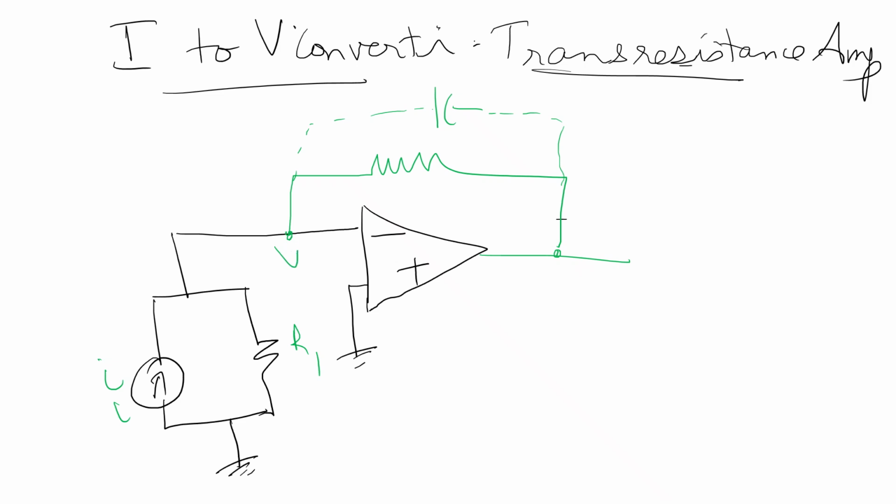This potential is at VB, VB, both at the same potential. RF is the feedback resistor and IF is the feedback current.